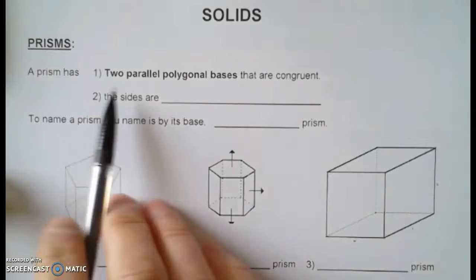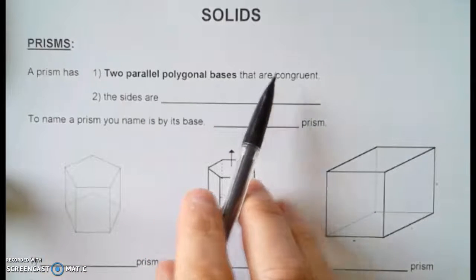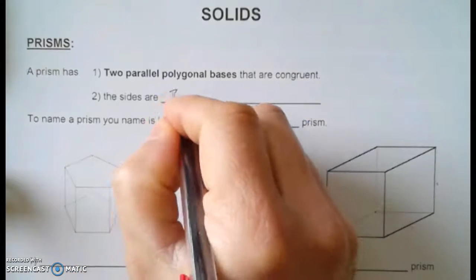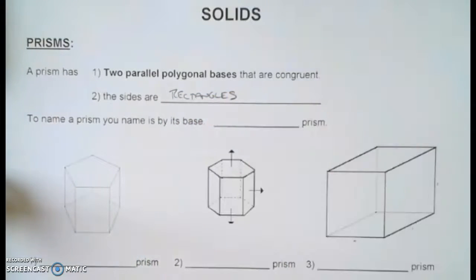A prism has two parallel polygonal bases that are congruent to each other, and the sides of a prism are rectangles. Okay, so every prism will have two bases that are parallel to each other, and then the other sides are going to be rectangles.